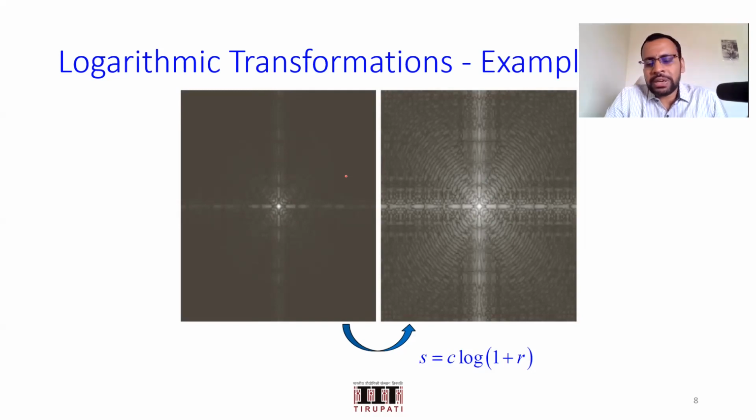There will be some very high values when you are trying to plot this magnitude spectrum, the Fourier domain for a given image. Some very high values dominate to that extent that you cannot see the contributions of other frequencies, because the distinction between 0 and that high value is so large. In between, you can't really see it despite them being present.